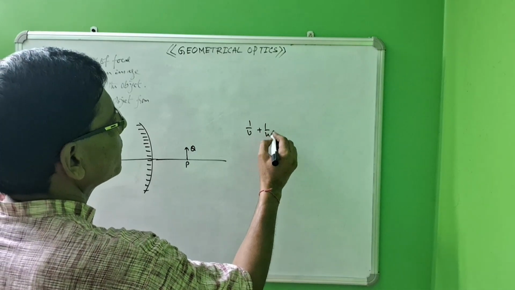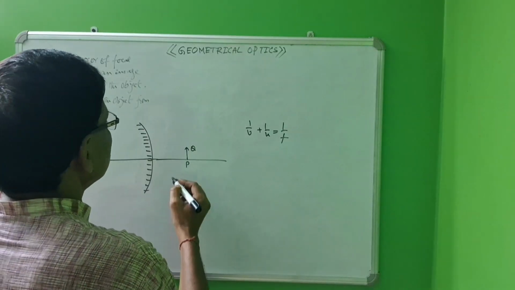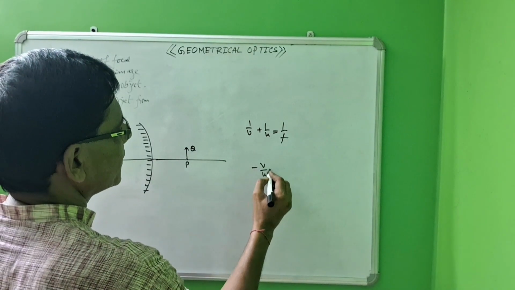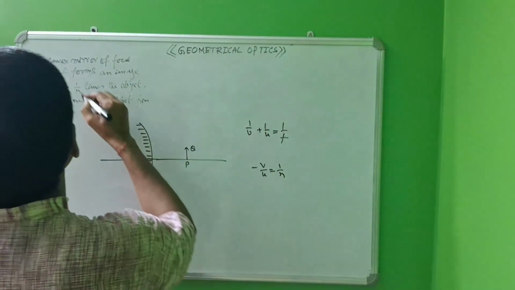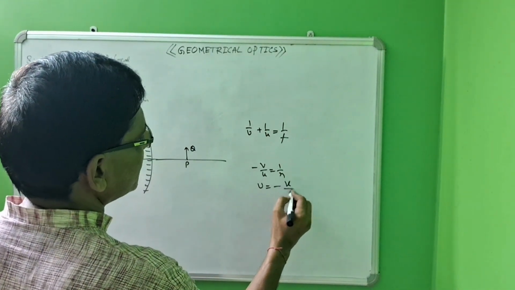1 by v plus 1 by u equals 1 by f. But according to the problem, minus v by u equals 1 by n, so v equals minus u by n.